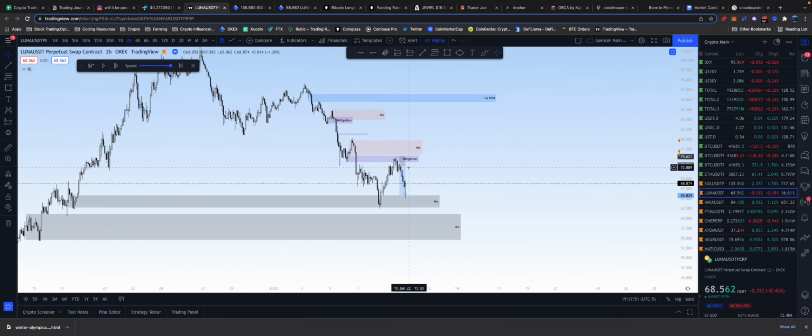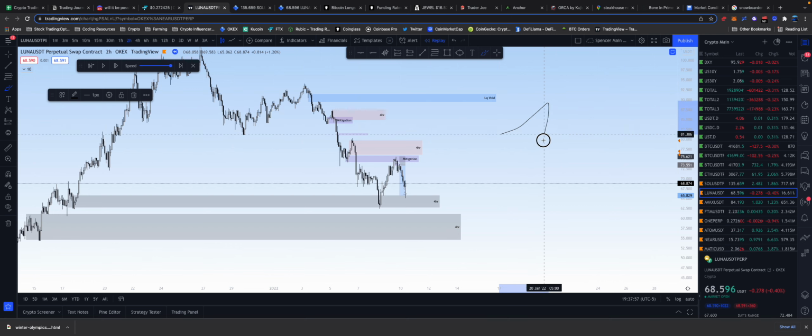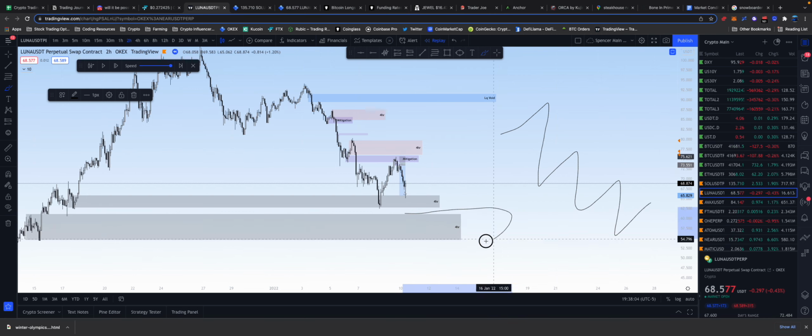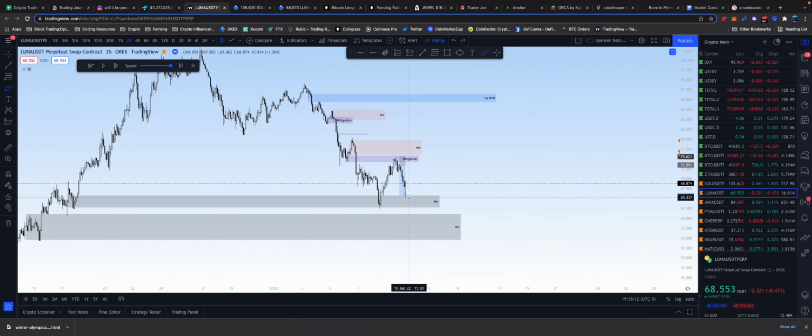Now you could hold this and maybe go farther because, as price breaks down, you have lower lows, lower highs. So you could probably see a sweep into this demand zone. But just for the safety of the price action, I would have probably taken most of it right there and maybe left 10 to 20% of it to run.